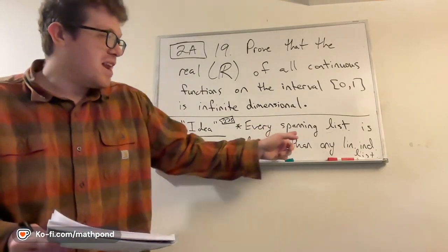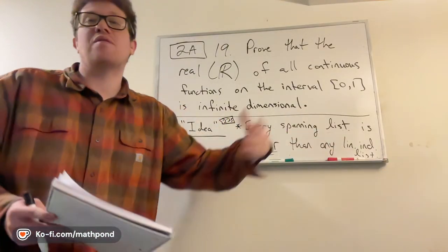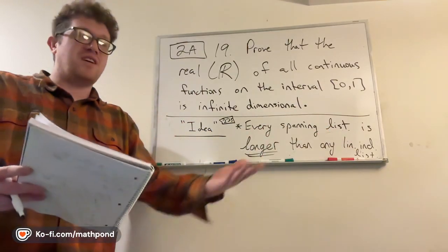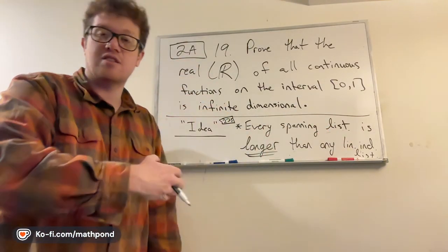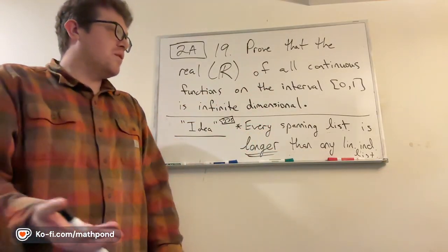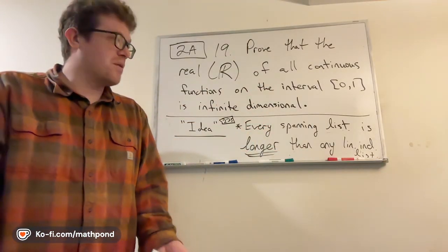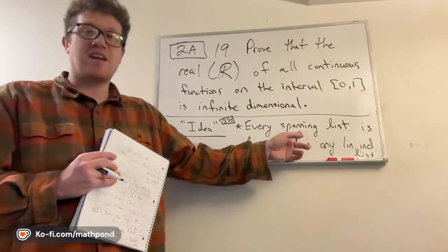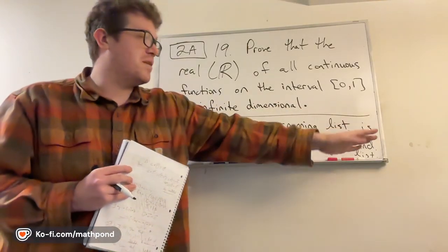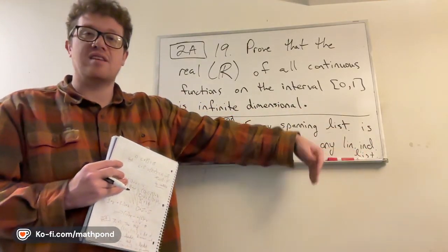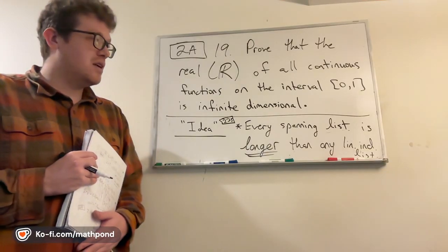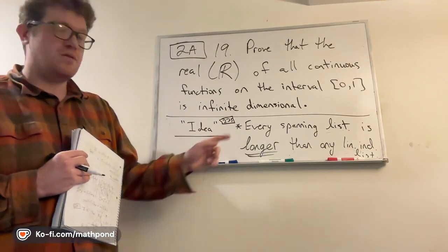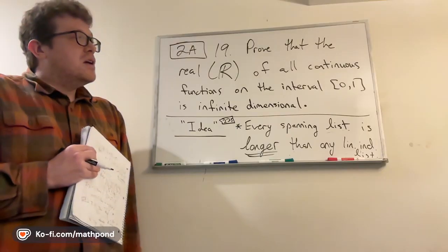Well, then the spanning list has to be larger than all of those, and there is no number larger than all of them. If I can pick any number and find a linearly independent list that's larger than that number, then there can't be any finite spanning list, because I can just add one more element and find a linearly independent list that's one larger than that. So that would contradict it being a spanning list by this statement. Okay.